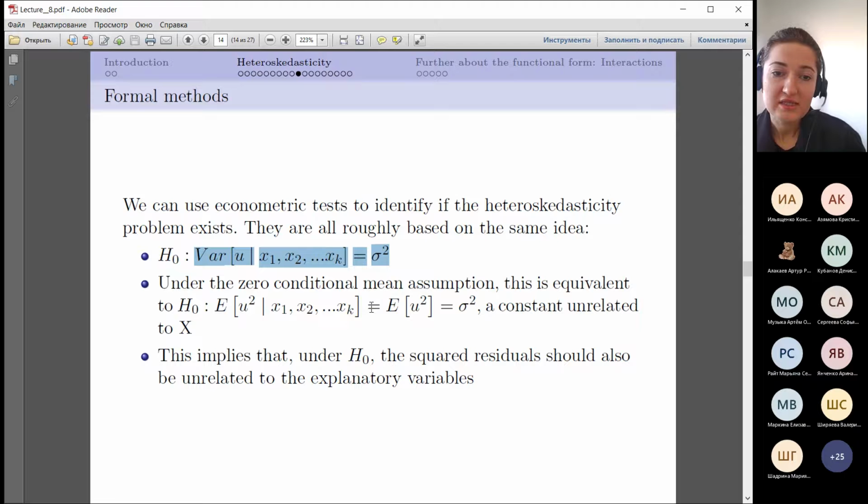And you can also say that this equals some positive constant, and this constant is, of course, unrelated to your x's. So in general, this implies that under the null hypothesis, the squared residuals should also be unrelated to the explanatory variables. And this idea is the same as you can find here.